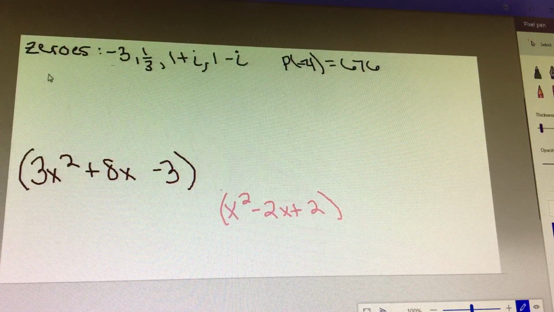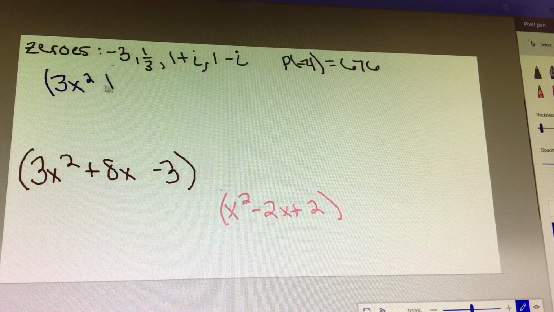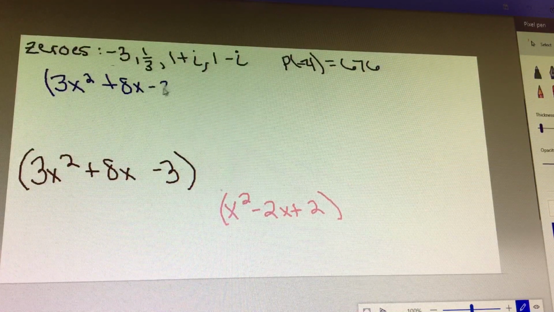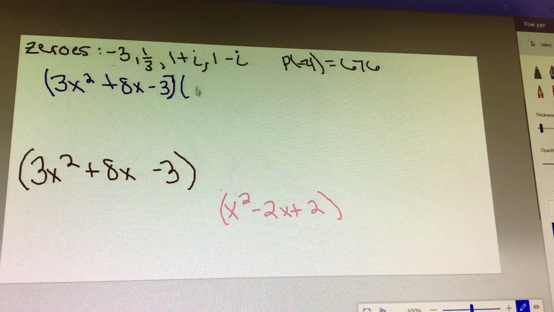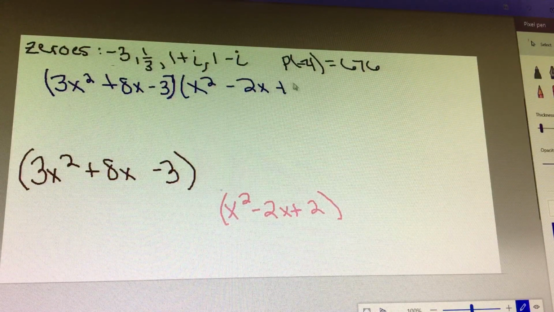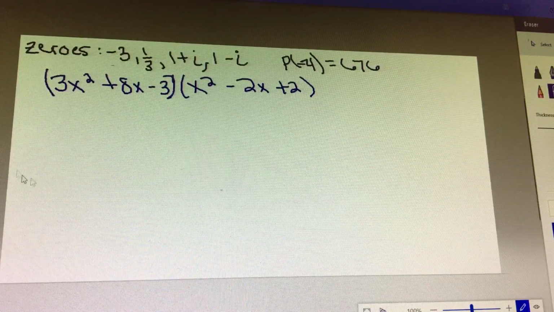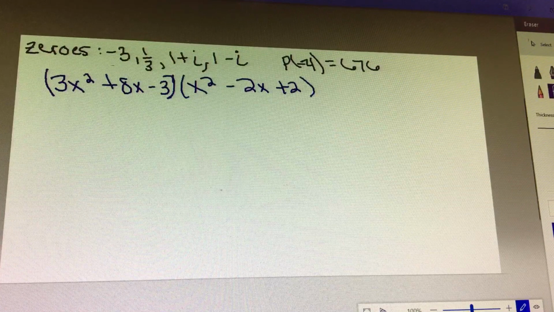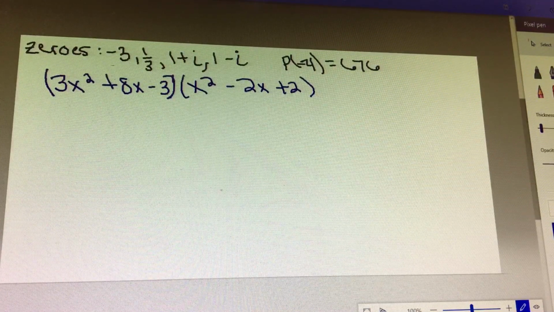We have 3x squared plus 8x minus 3, times x squared minus 2x plus 2. Trinomial times a trinomial again. We're going to go ahead and multiply these.